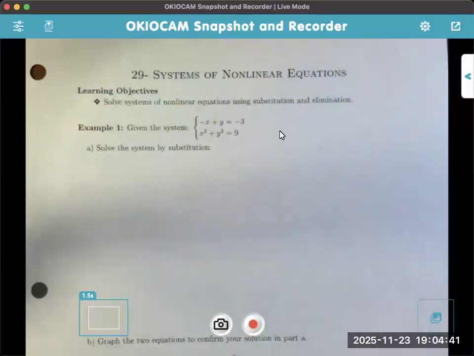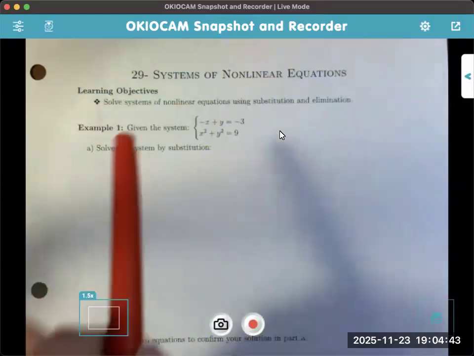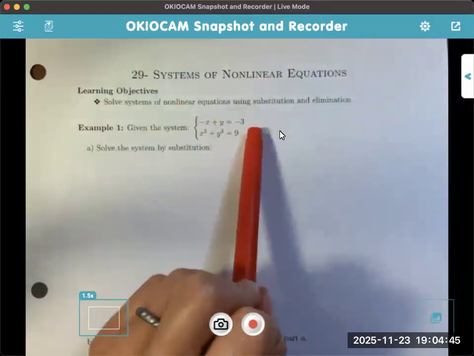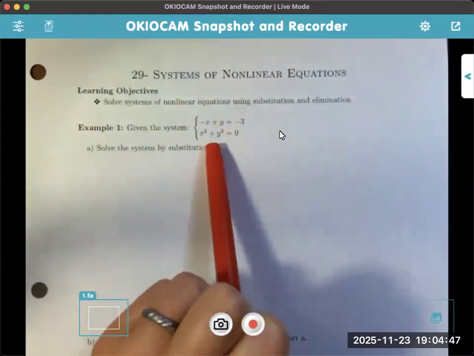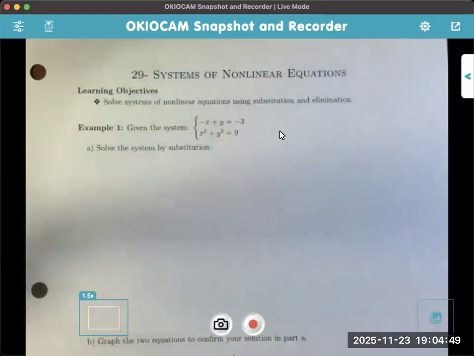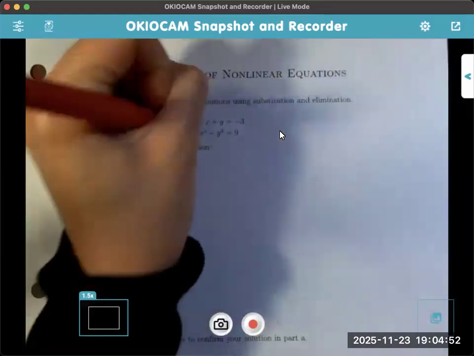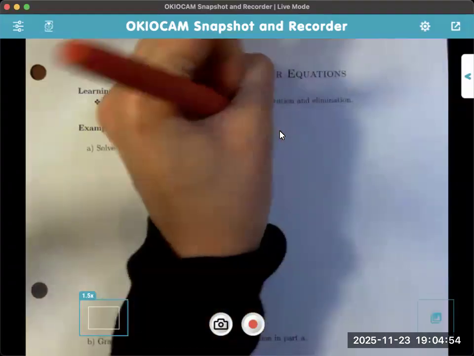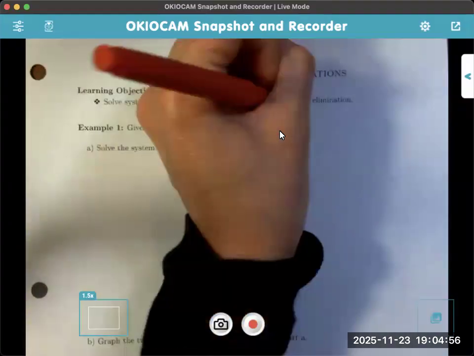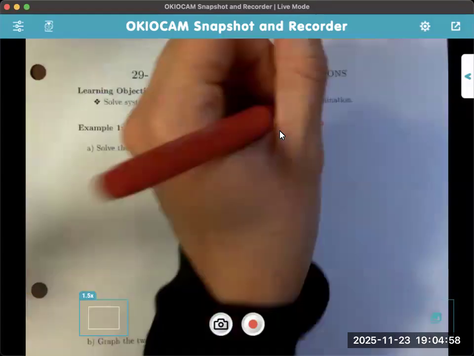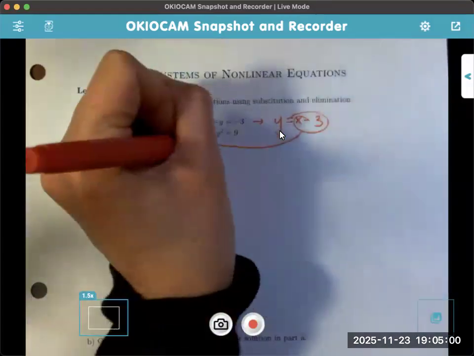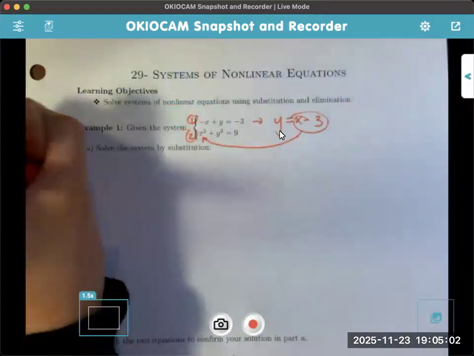So what I would do here is just use equation one to solve for x or y, and you substitute it into the other. So if we have equation one, equation two, let's say equation one has y equals x minus 3, then I'm just going to pop that in for x for equation two.